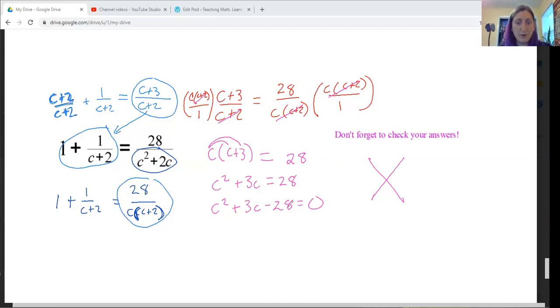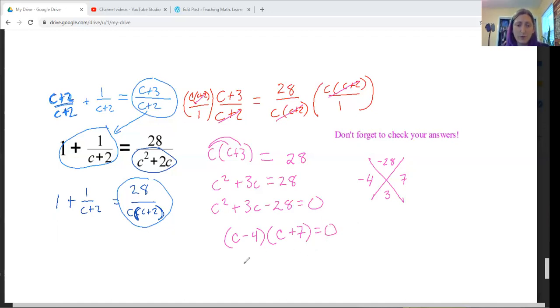All right, so now we want to multiply to negative 28 and add to 3. So I'm thinking we're going to have a 4 and 7 type of action here, and the 4 is going to be negative. All right, so we have c minus 4 times c plus 7 equals 0.